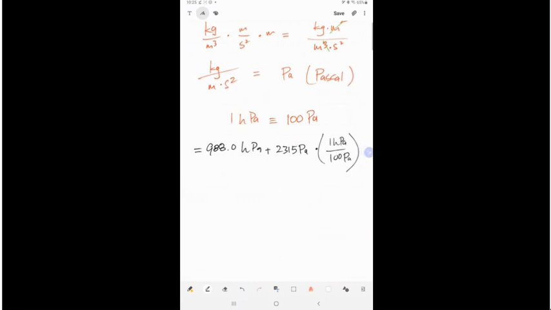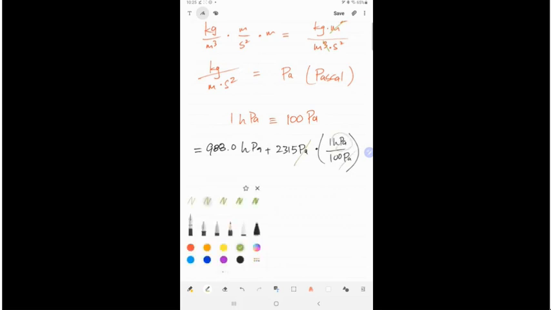Okay, now you'll notice that very conveniently, in terms of units, and again, I'm a huge advocate of keeping your units because obviously your units help to guide you in terms of where you are. We have pascals here in the numerator. We have pascals here in the denominator, so the pascals are going to cancel out, and we're going to be left with hectopascals.